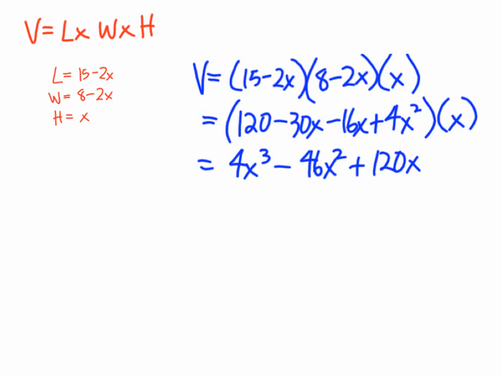I multiply by doing FOIL with the first two brackets, distribute the x inside as well and combine like terms. My volume with one variable x is now 4x cubed minus 46x squared plus 120x. Now that I have my volume formula, the next thing I'll do is take the derivative of the equation.